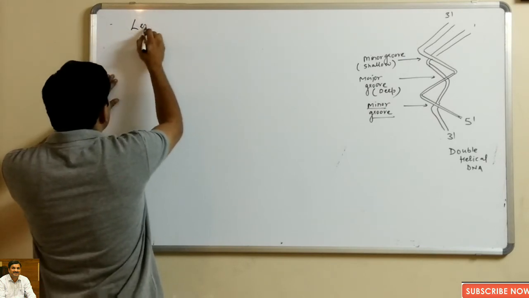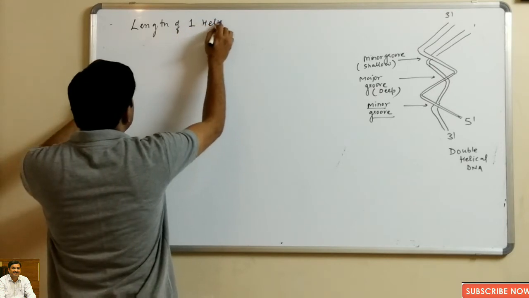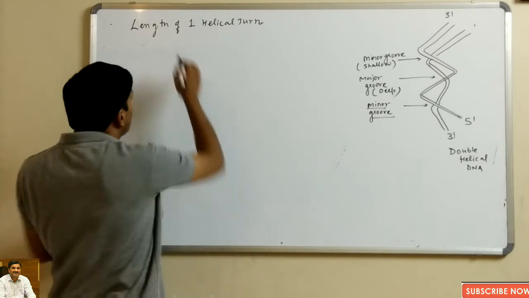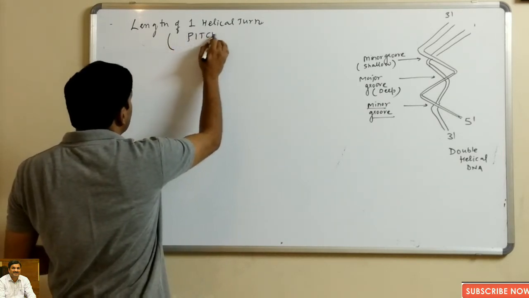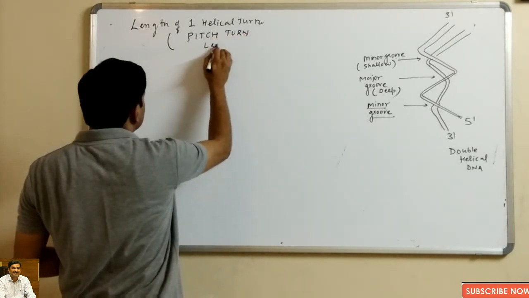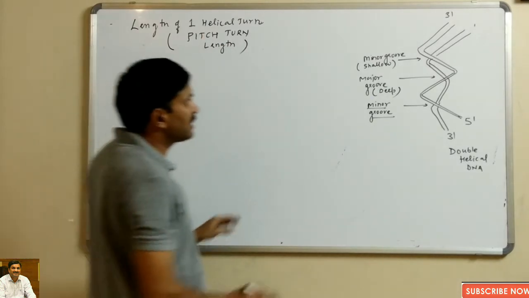You must know the length of one helical turn. You can also say the length of one pitch turn. What is the pitch turn length? Or we can say the length of one helical turn.